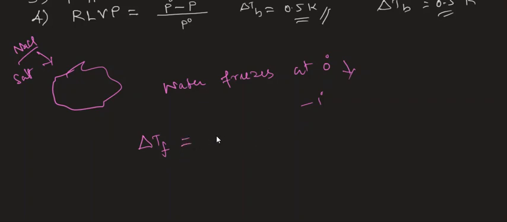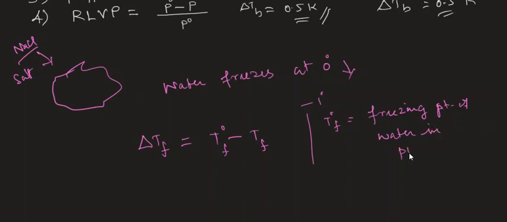Here T naught F is the freezing point of water in pure state, whereas TF is the freezing point of the solution, meaning after adding the salt. This is called depression in freezing point.